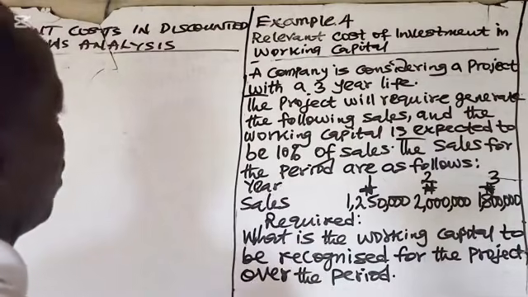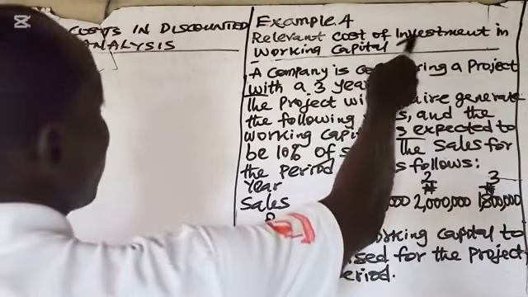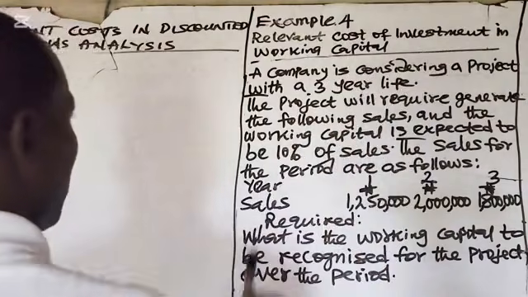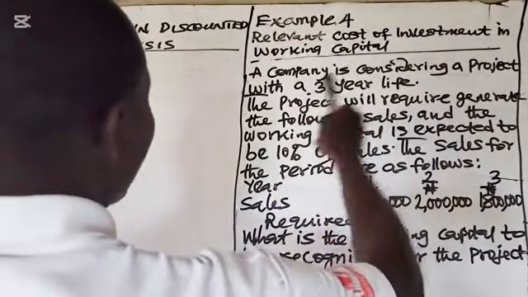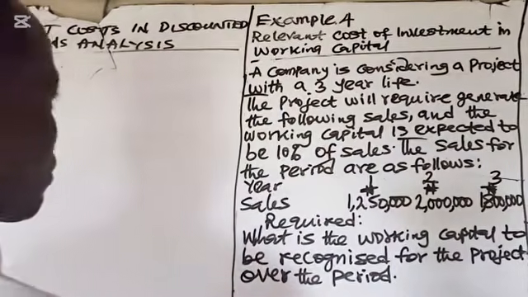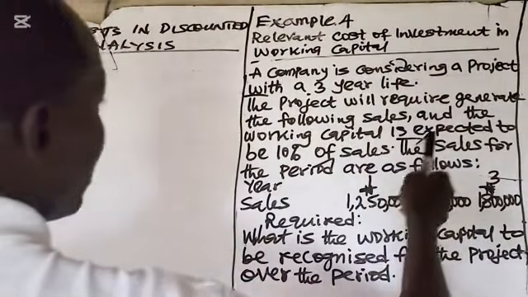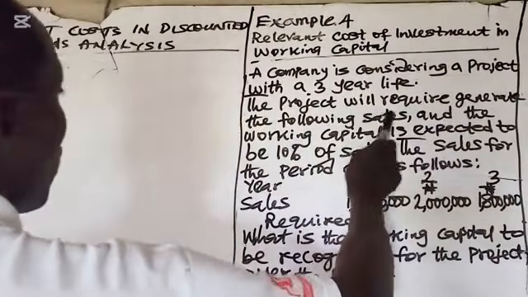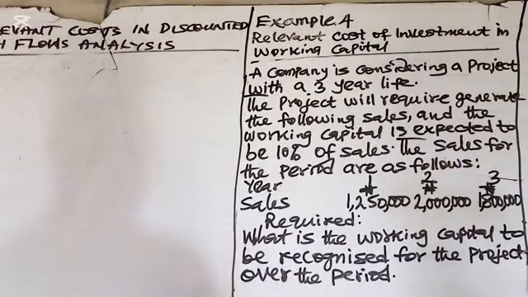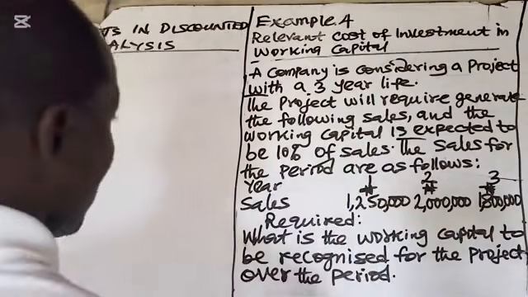Example 4. We are seeing already back cost of investments in working capital. A company is considering a project with a 3-year life. The project will generate the following sales, and the working capital is expected to be 10% of sales.